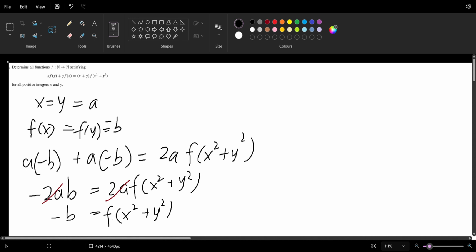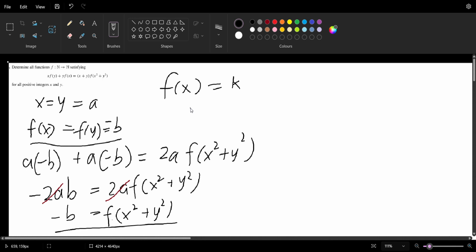So if we have this here, we are getting this also. So it works regardless of whether b is positive or negative. So the equation still stands: f of x is equal to k. So now we've worked with the constant function.